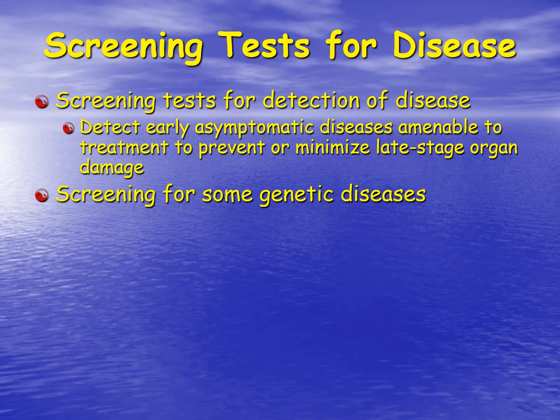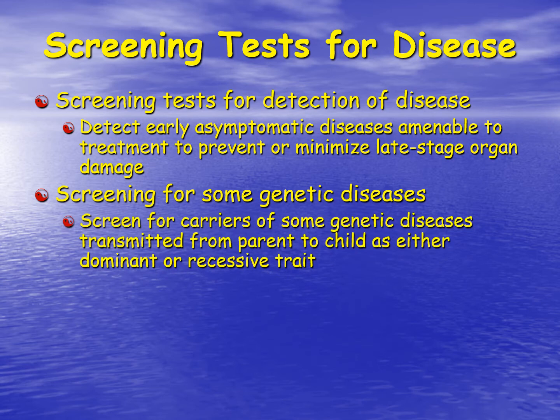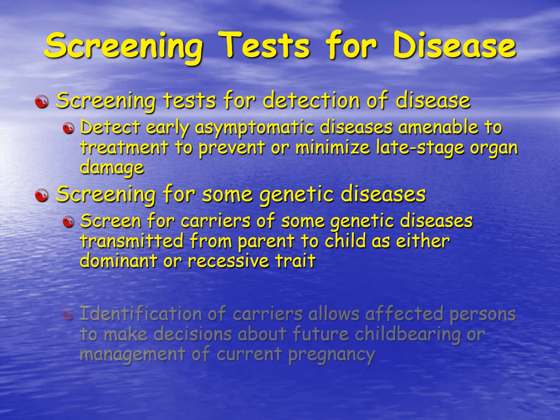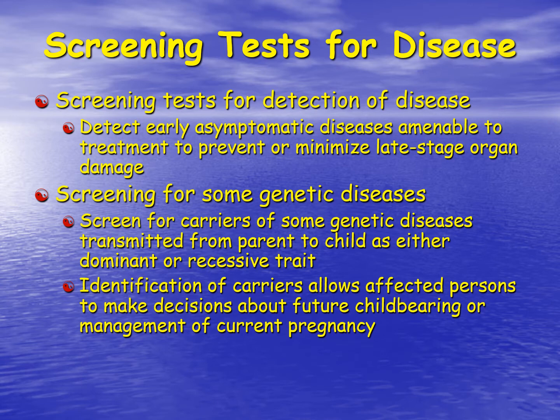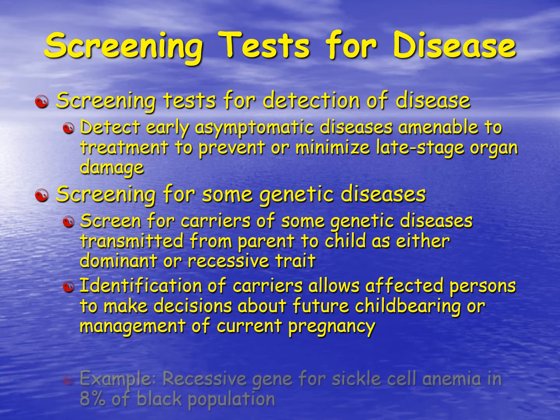We can screen for certain genetic diseases because if you have the genetic propensity for a particular disease, could we actually do preemptive therapies that will decrease the risk of you developing this particular genetic disease? And so we can screen for carriers of some genetic diseases transmitted from parent to child as either a dominant or recessive trait. And we can identify carriers to allow affected persons to make decisions about future childbearing or the management of a current pregnancy.